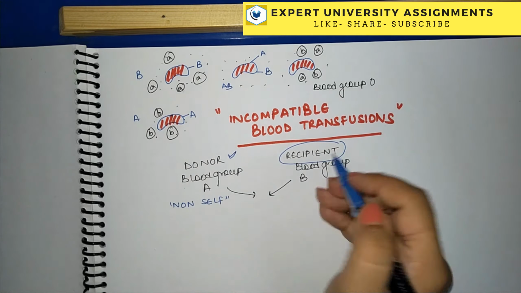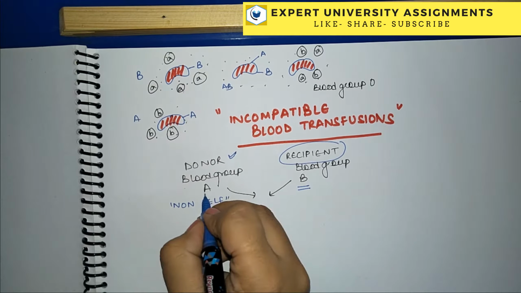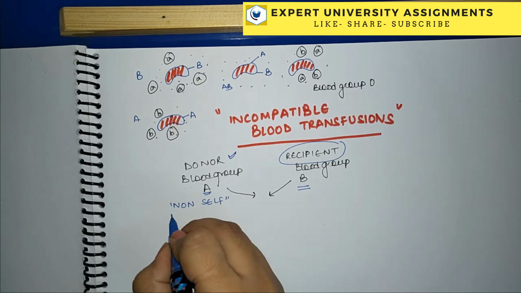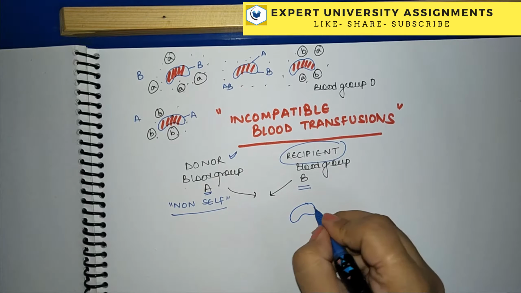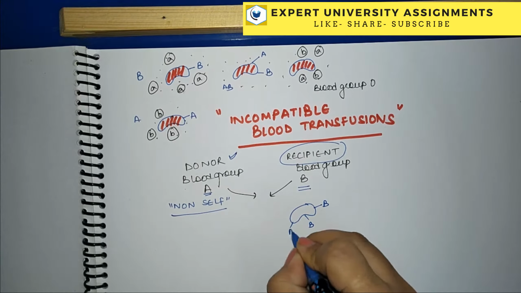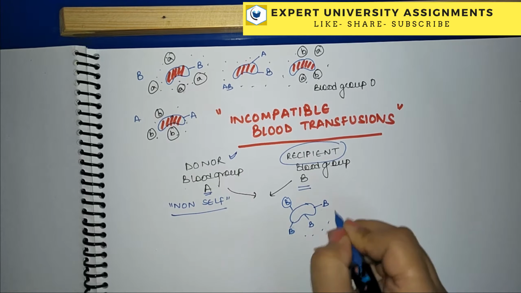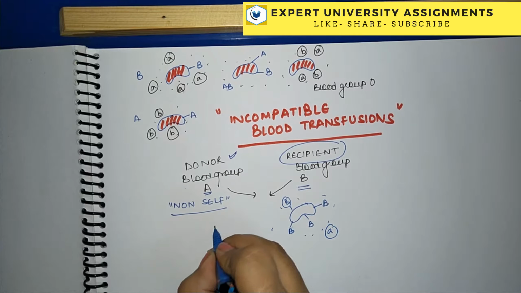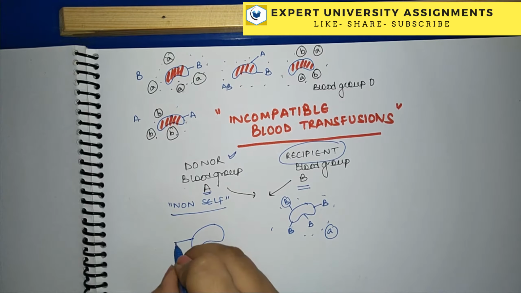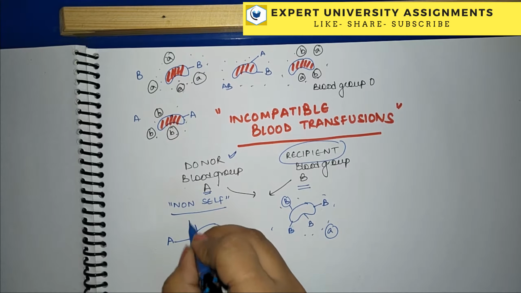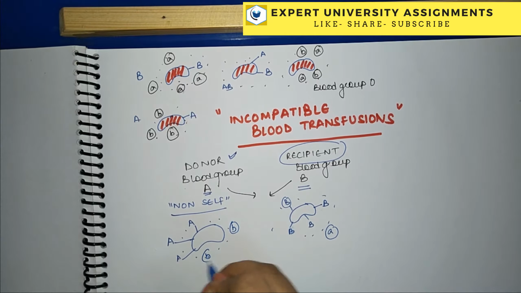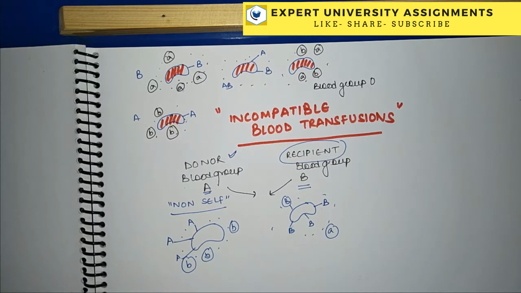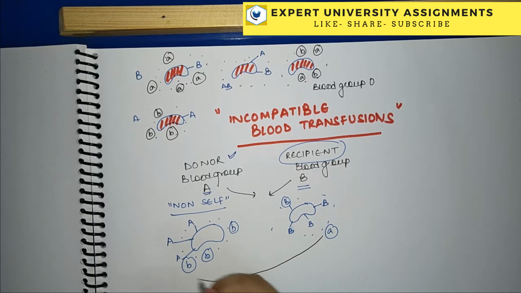So what happens here is, in case of the recipient blood group B, when it starts receiving blood group A, this acts as non-self to blood group B. Blood group B, which has B antigens on its surface and A antibodies around, as soon as it gets in contact with blood group A, which has A antigen on the surface and B antibodies, starts to attack it, right?